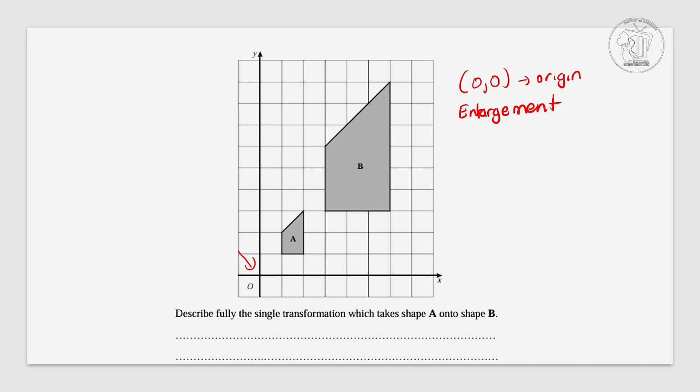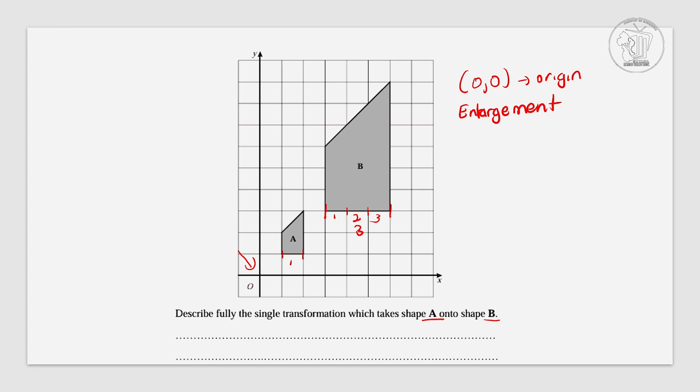We will take some corresponding sides now to find the scale factor. We see this side is a corresponding side of this. We're moving from shape A onto B. The size of this side of the shape would be 1 unit. And the size of here would be, we count each space, each point: from here to here is 1, here to here is 2, so we see here is 3 units.